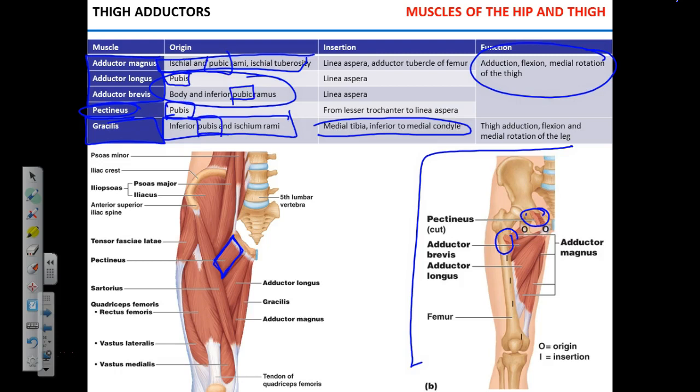Does that make sense? They originate at the medial side of the coxal bones. They originate here, and they are attached either to the medial femur or to the medial tibia to bring the leg closer.